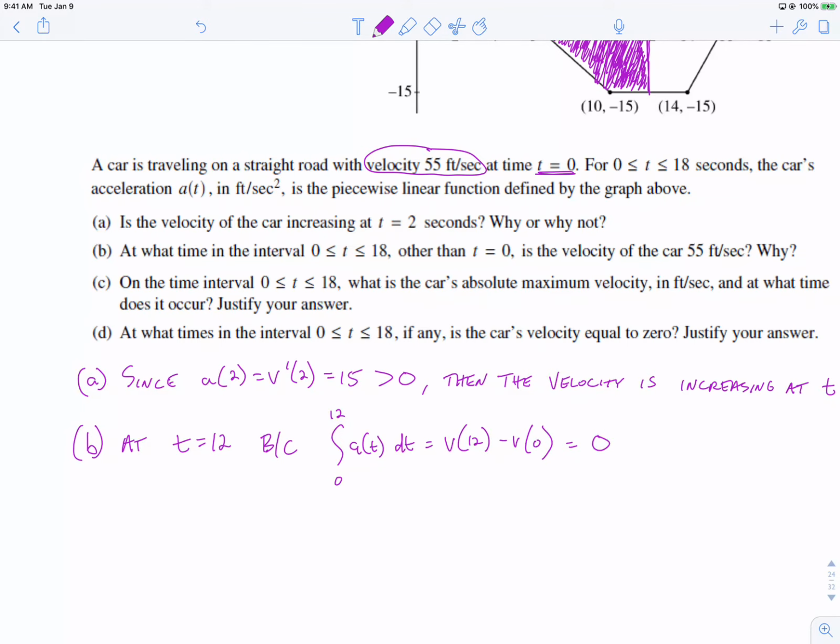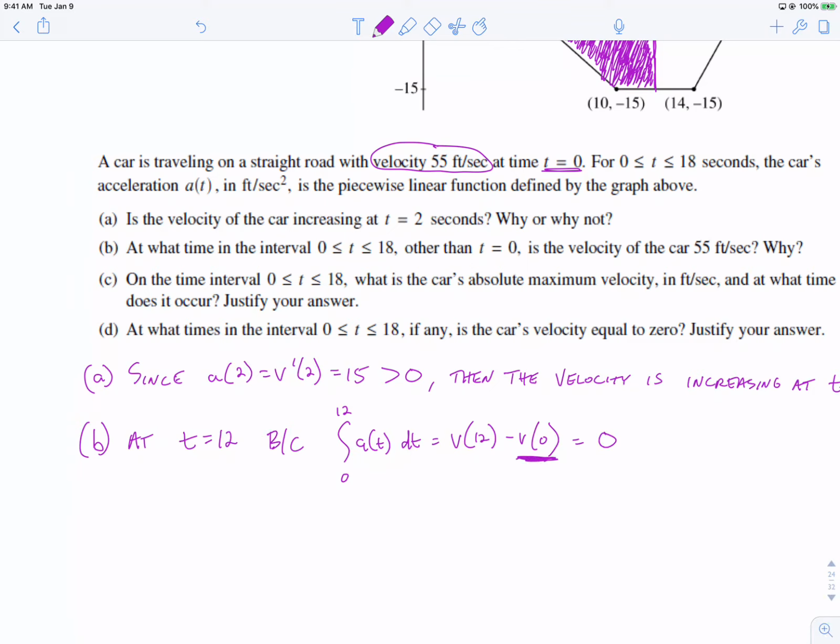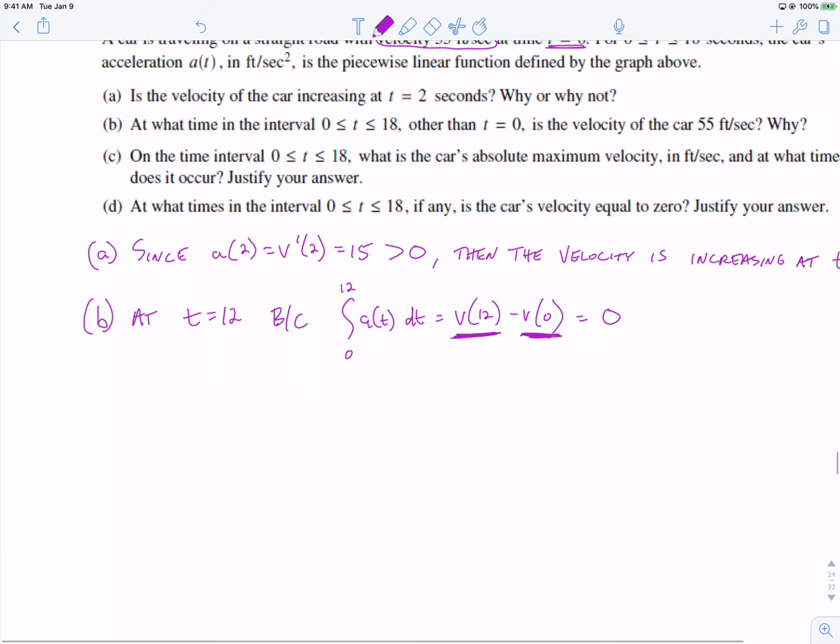So that shows that whatever my initial velocity was, my velocity at 12 has to be the same thing, for those when I subtract them to equal 0. So that's one way you could say that.